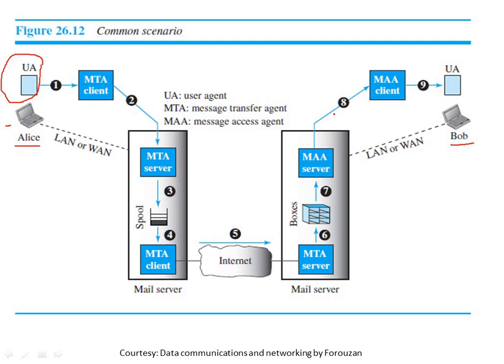Bob has a separate unit, so a separate user agent is there, and through this user agent Bob will be able to access the email through the MAA server and MAA client. So this is how email gets transferred from client to client, or client to server, or server to server. But most of the time it is between two clients.